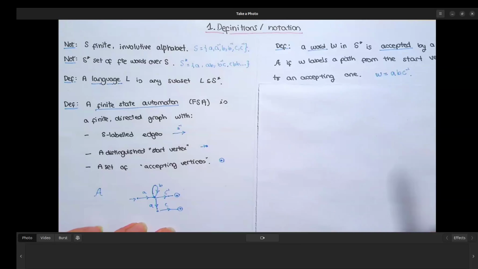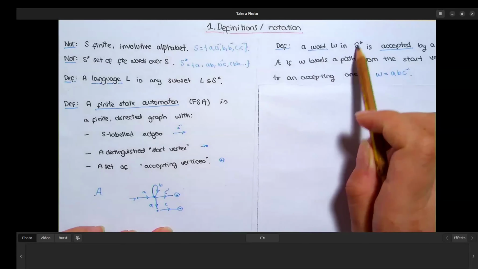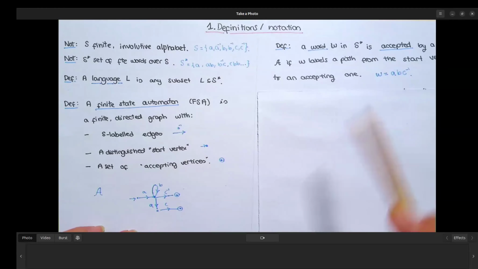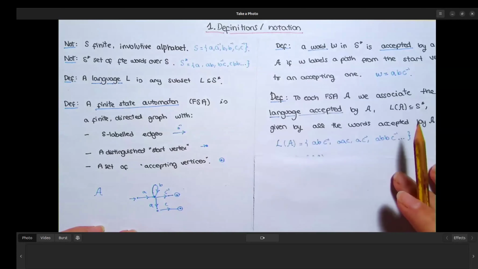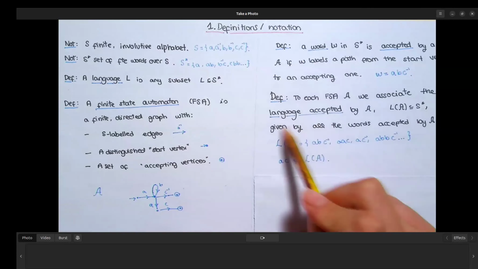So, given a finite state automaton, we say that a word in S star is accepted by the automaton if the word labels a path that goes from the start vertex to any of the accepting vertices. In this case, A, B, C inverse would be an example. And related to this, every finite state automaton has an associated language accepted by it.